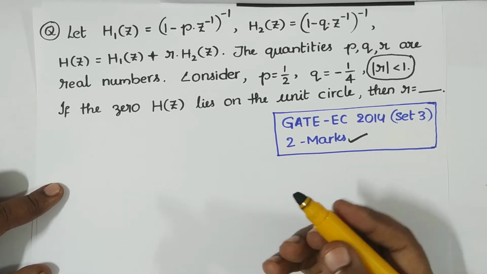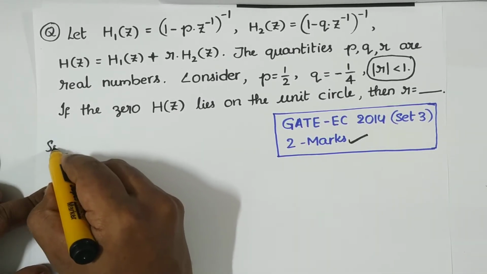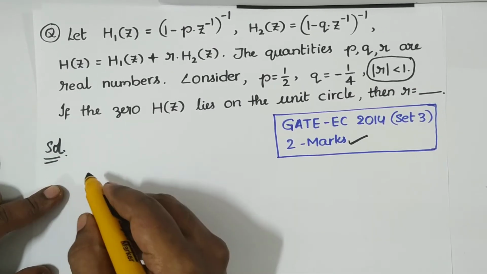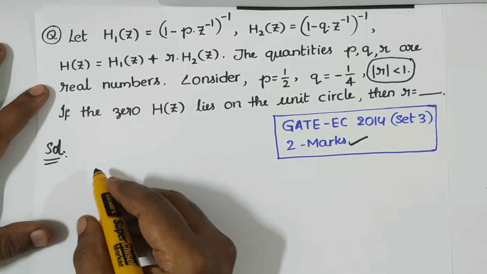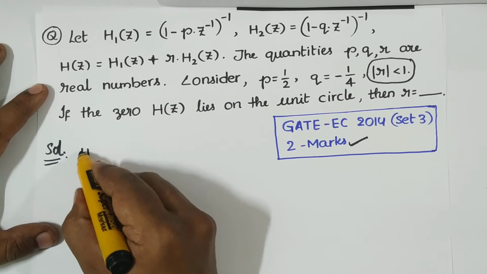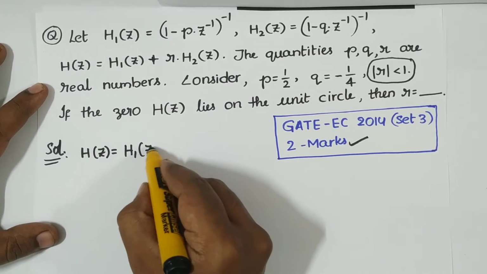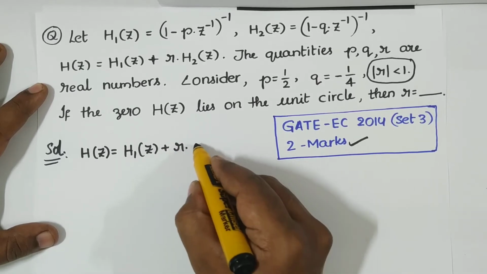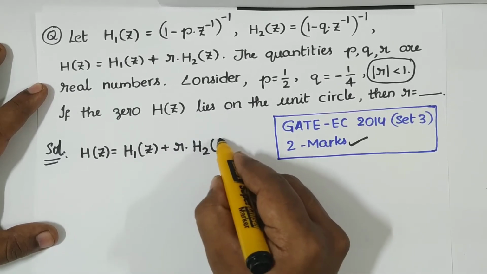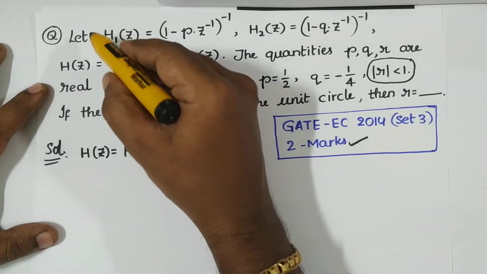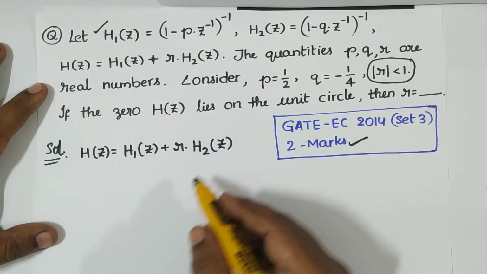So there is no big deal in solving this. It is asked in GATE ECE for 2 marks. See, let's accept whatever is given to us. H of z equals H1 of z plus r multiplied by H2 of z. Now let us plug in H1 of z and H2 of z.